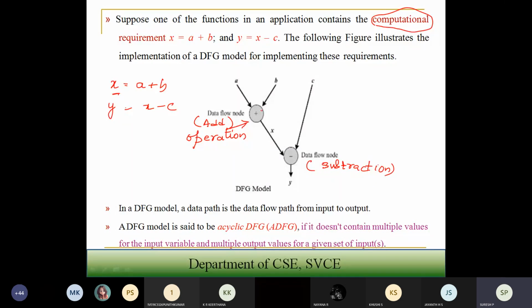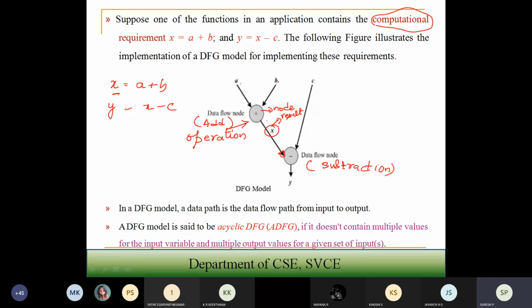Now these are nothing but the input data, that is A and B. Whenever the inputs come, they go inward to the node. Then the result you are going to get is x. What is x? x is nothing but a plus b. That result is indicated by an outward arrow, as we can see here.